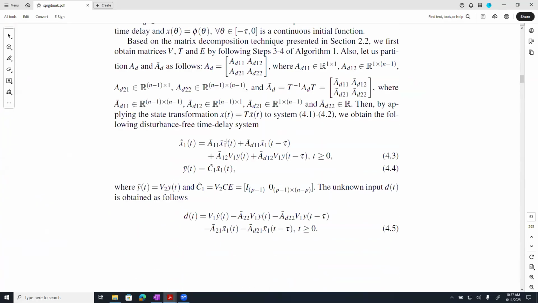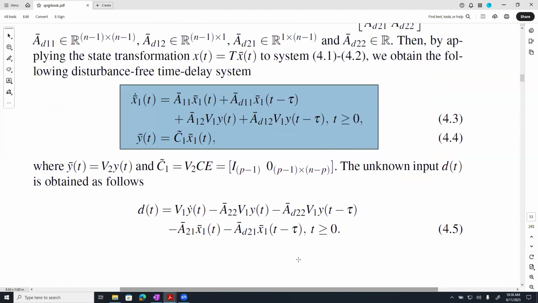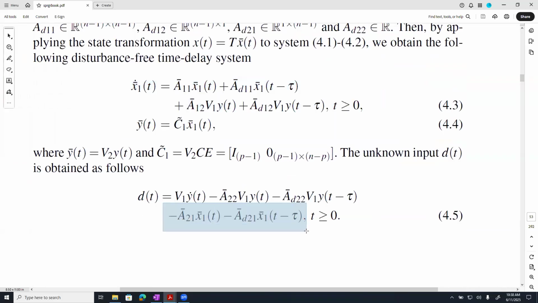And then the key thing in here is we get a reduced order time delay system with our unknown input in there. And the unknown input itself is realized as a linear combination of the instantaneous state vector and a linear combination of the delay state vector. So we call that whole thing the generalized functional.